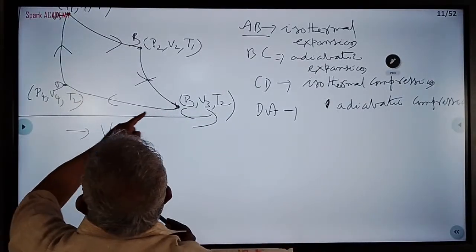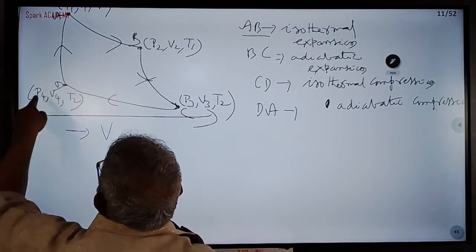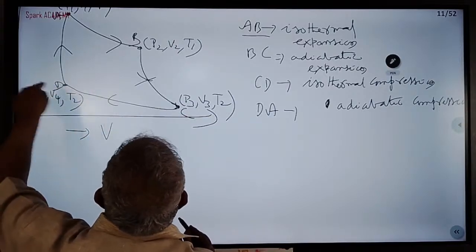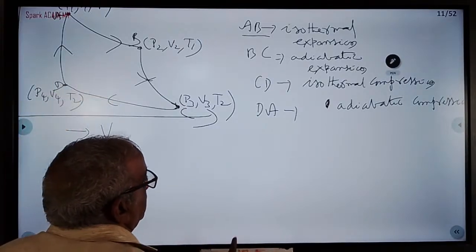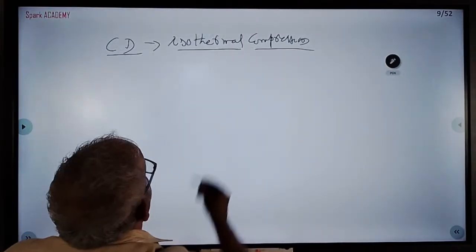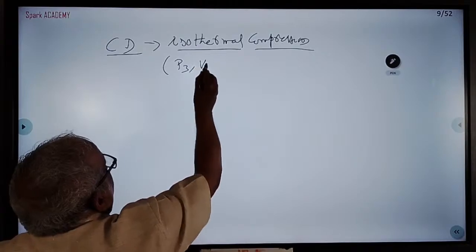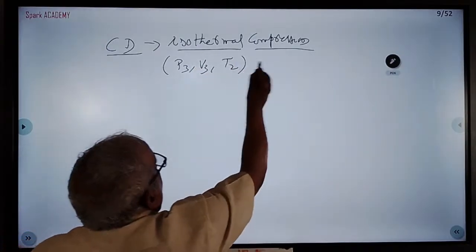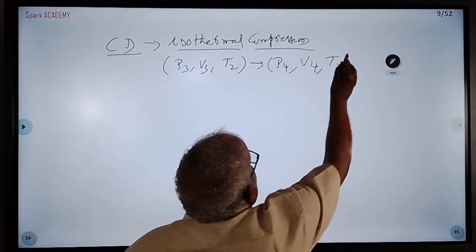Isothermal compression means P3 V3 T2 to P4 V4 T2. CD is called isothermal compression.